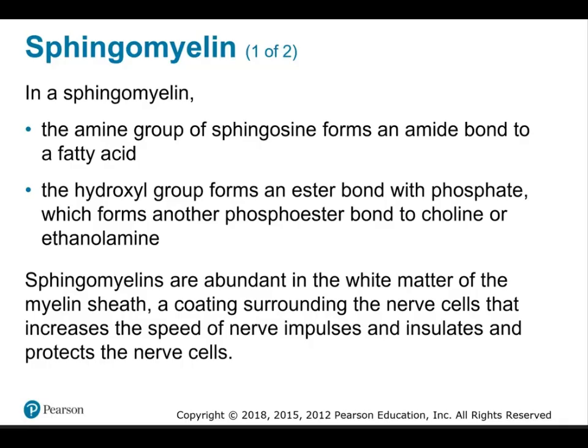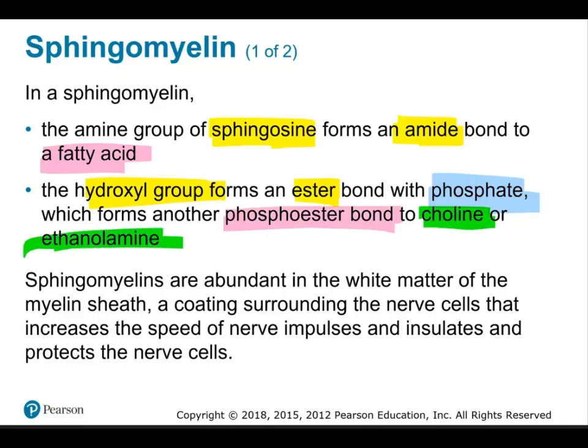The amino group of sphingosine forms an amide bond, and hydroxyl group of the sphingosine forms an ester with a phosphate. Okay? And the phosphate forms another phosphoester bond to either choline or ethanolamine.